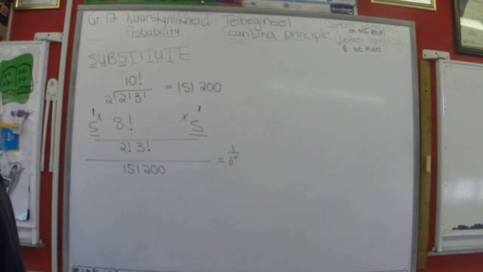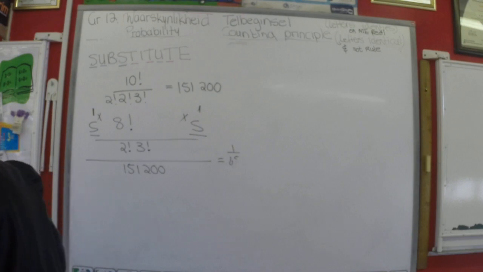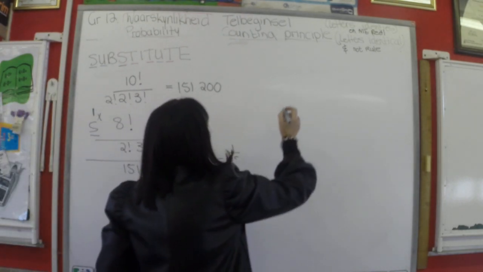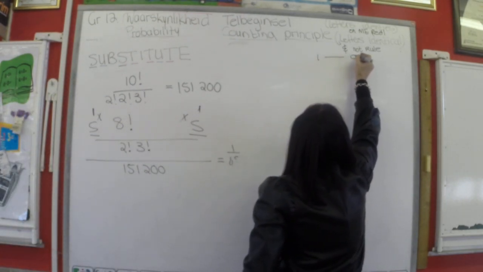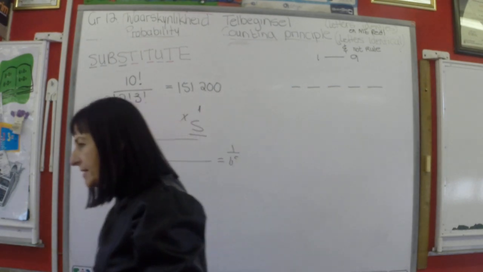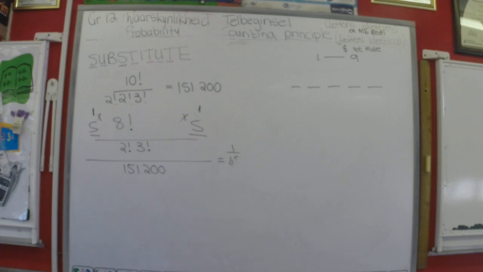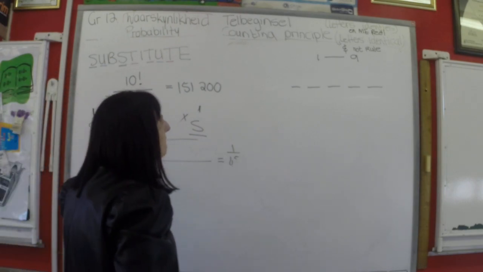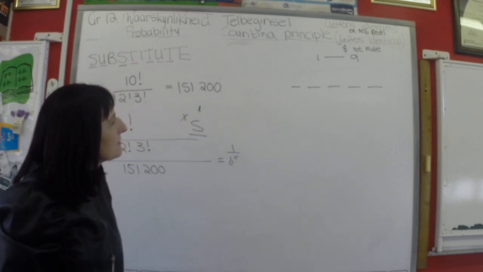We want to build 5-digit numbers. Okay, 1 up to 9. Want to build 1, 2, 3, 4, 5-digit numbers. En die vraag is, die getal moet ten minste 1 6 bevat.